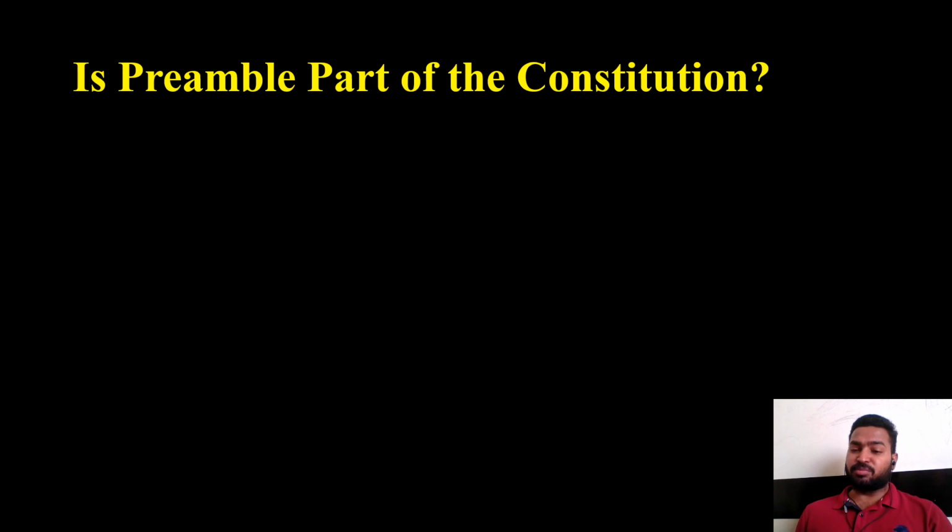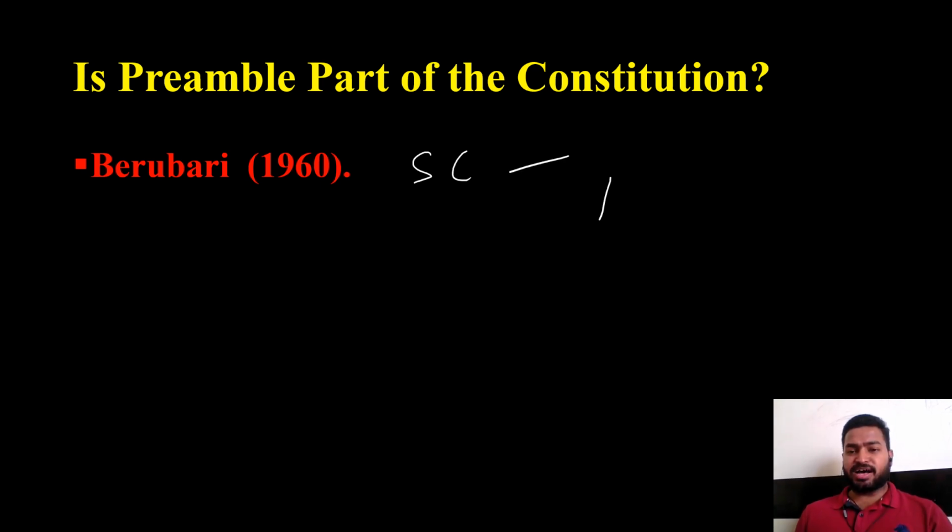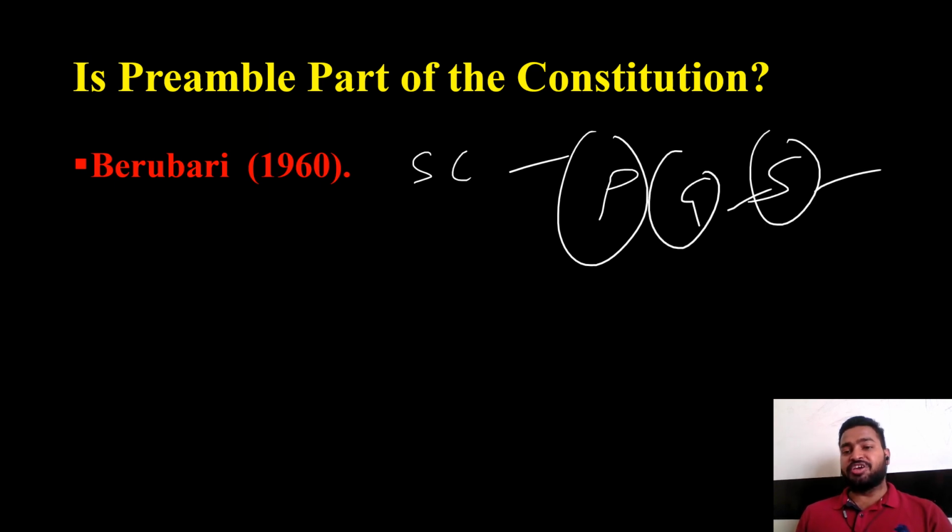In the 1950s, there was some lack of clarity whether preamble is part of the constitution or not. Whenever there is a need for interpretation of any provision of the constitution, the judiciary takes the initiative. Judiciary is empowered to interpret the constitution. In the Berubari Union case, there was a challenge in the Supreme Court whether Parliament or government has the sovereignty to give away the territory of India to foreign countries.